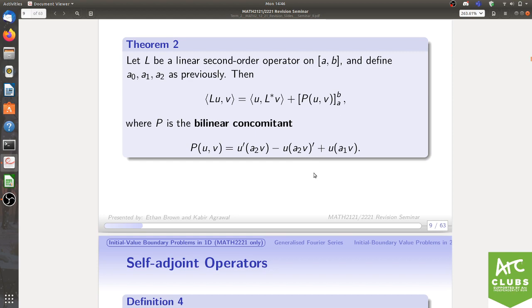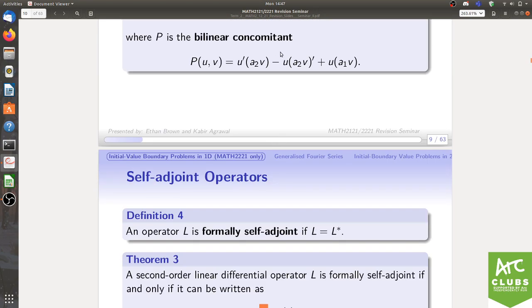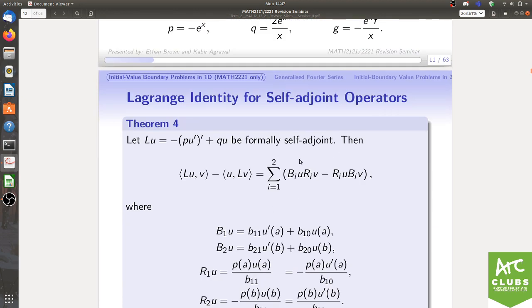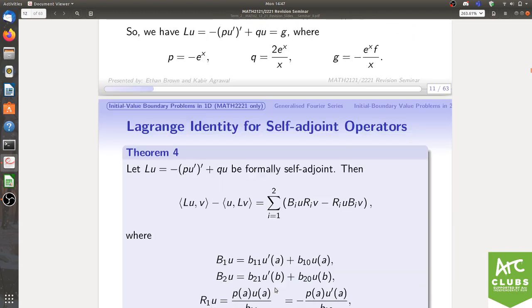Now as a result of that, we can convert this by rearranging the terms into this equation, which looks kind of messy, with each one of the coefficients going on. Basically this B1 of U is a representative for one of the boundary conditions, and this B2 of U is a representative for the other boundary condition at B. Each one of these are extra constants that arise from the bilinear concomitant.